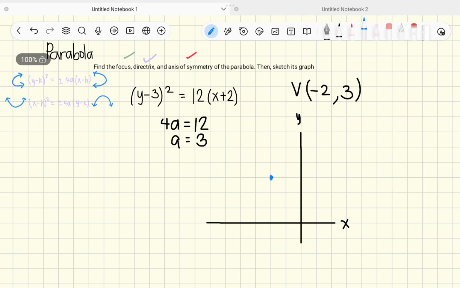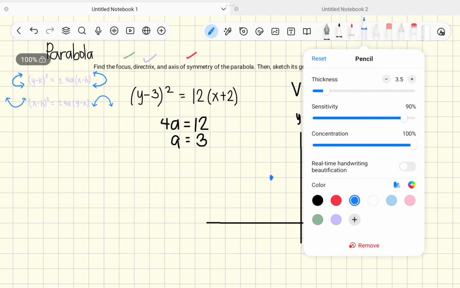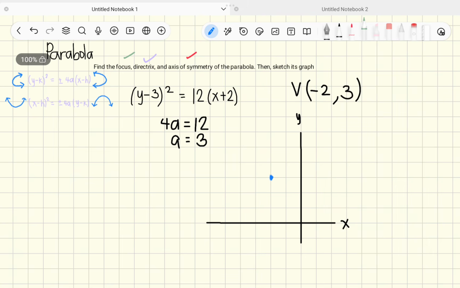Next is your focus. So your focus is 3 units away from the vertex. So positive, so 3 units to the right. 1, 2, 3. So your focus is here. If your focus is here, what is the coordinates of this point?